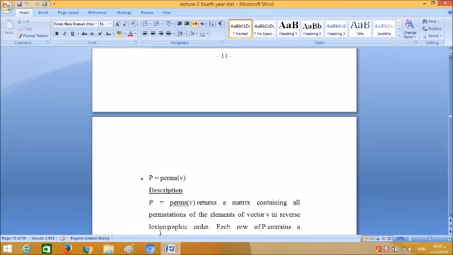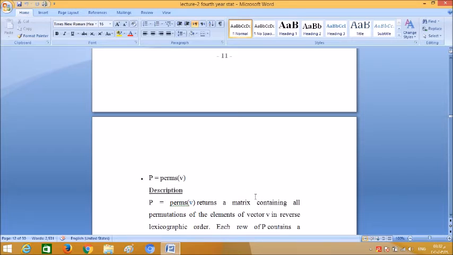Lexicographic means the dictionary. So this means that it does not begin with the first, but it begins with the last one, the last element.